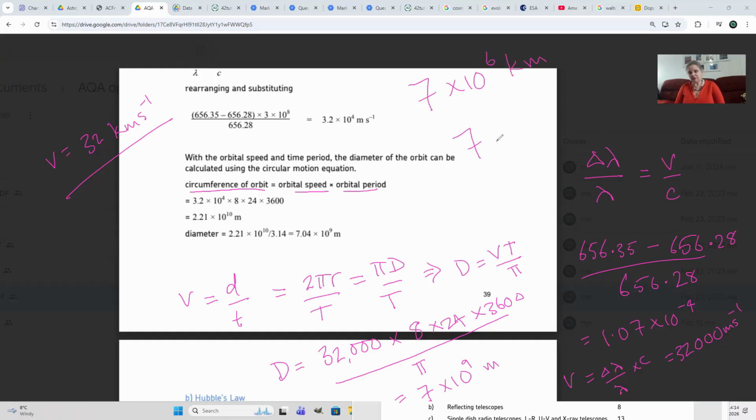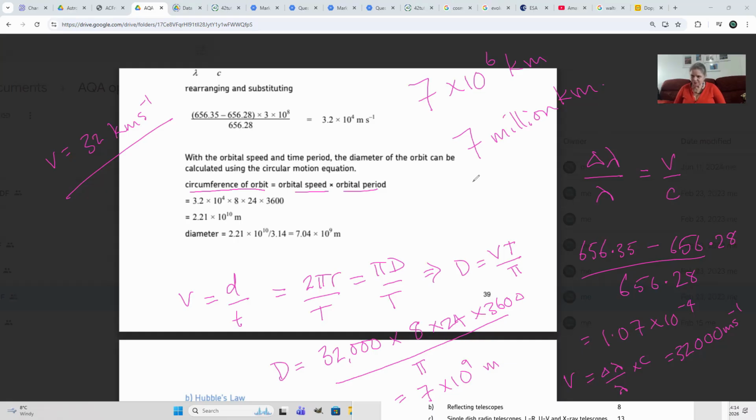So it's 7 million kilometers between these two stars. Now bear in mind that the sun is 150 million kilometers, no, that's right, isn't it? 150 million kilometers from Earth.